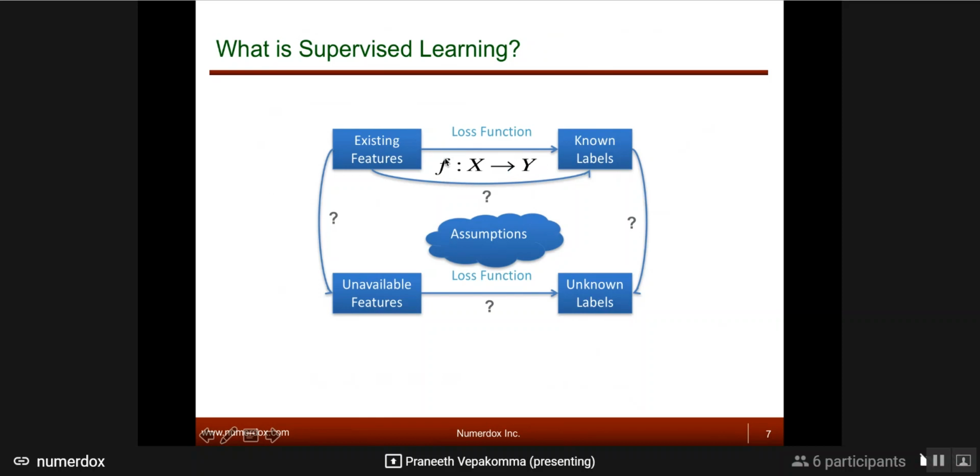You use that as your working data set, and you learn a function that goes from x to y, which is the learning function, f. And to make sure your function is good, there is some loss function, some objective that you're trying to maximize or minimize. Like in regression, it's the least squares objective of minimizing the residual, etc.